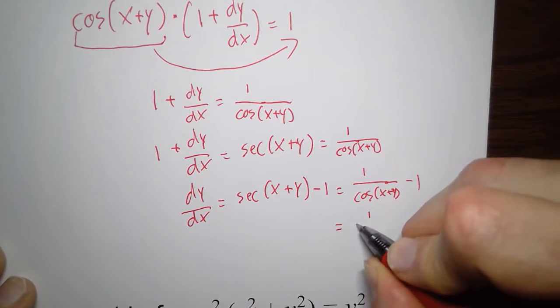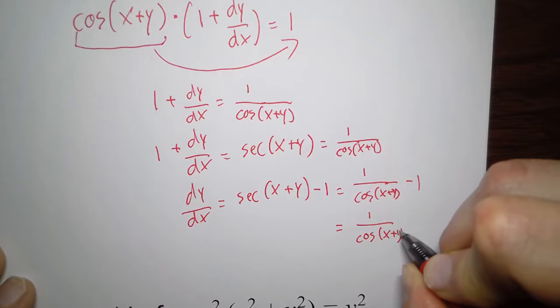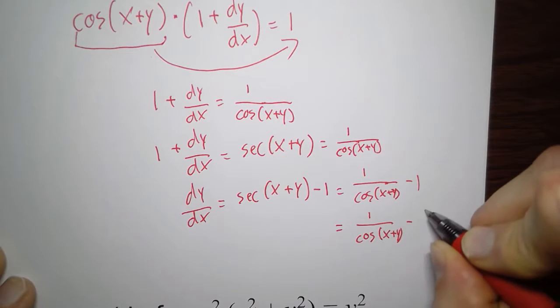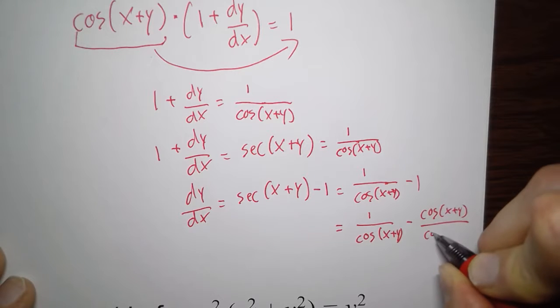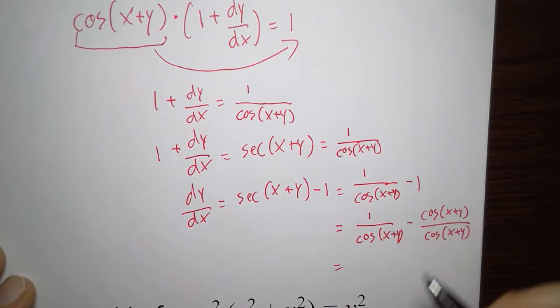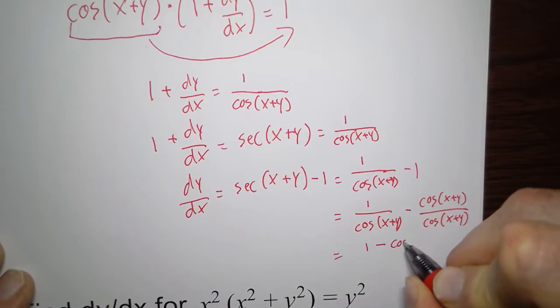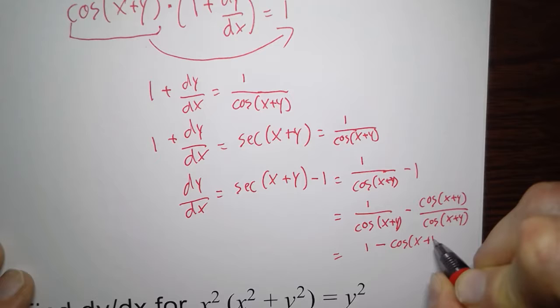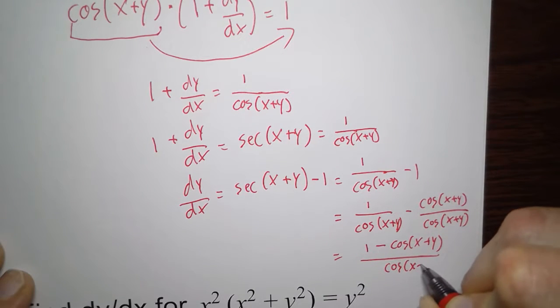So this would be 1 over cosine of x plus y minus cosine of x plus y over cosine of x plus y. And so if you left it in cosine form, it would be 1 minus cosine of x plus y all over cosine of x plus y.